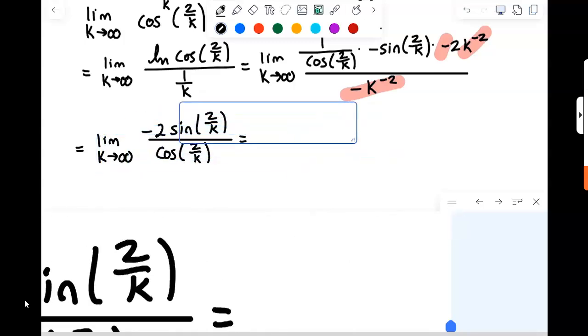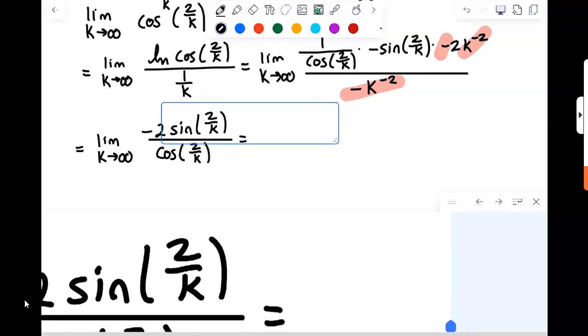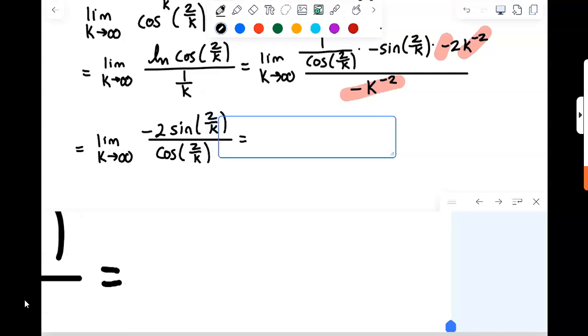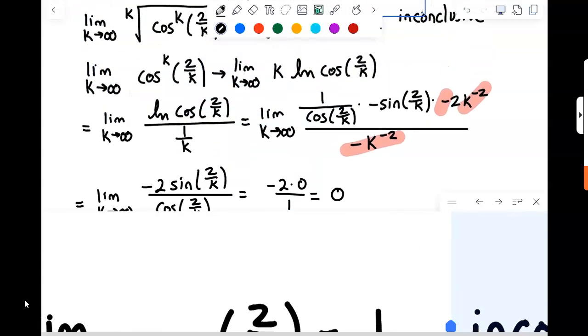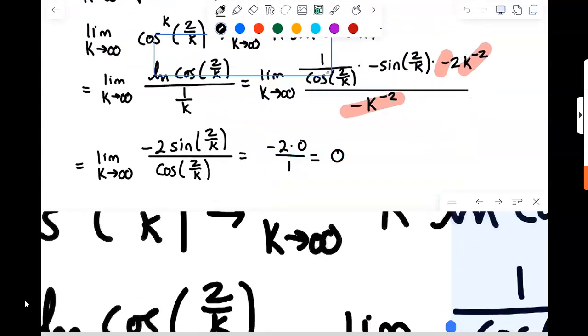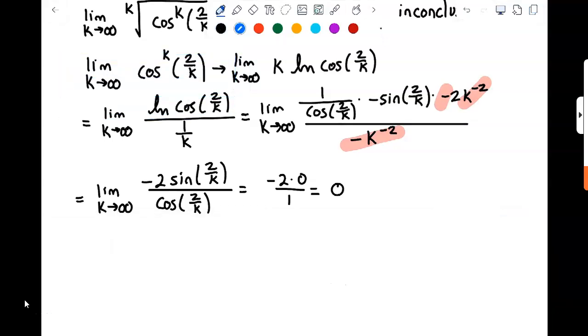And k going to infinity is not a problem for sine, because 2 over k will go to 0, and sine of 0 is 0. So this is going to be minus 2 times 0 divided by 1, which is 0. So the limit of the ln goes to 0. That means the original limit goes to e to that power.